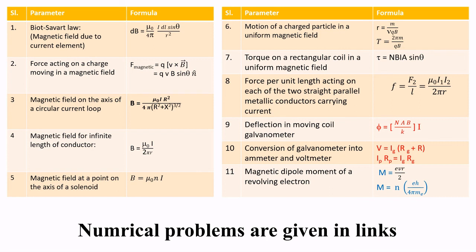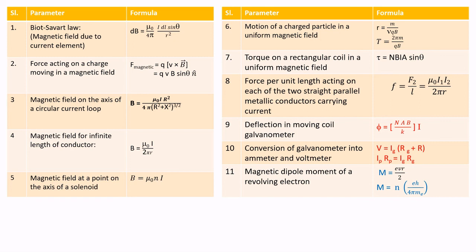Formula number 11. Magnetic dipole moment of a revolving electron. Magnetic dipole moment is represented by capital M, that is equal to e v r divided by 2, where e is the charge of an electron, v is the velocity of the electron, and r is the radius of the circular orbit.